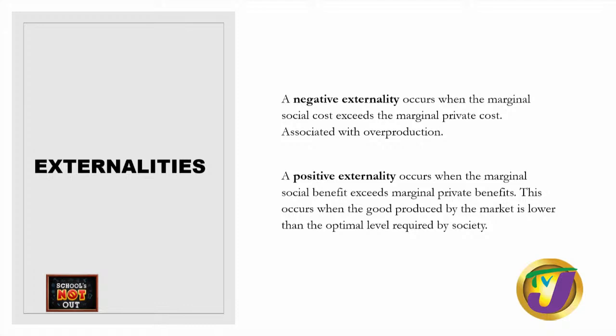So one example of a positive externality: say you live in a community or you live close to a community and they start to construct a highway near your community. Now you're not directly involved in that transaction, it won't directly benefit you, but as a result of the construction, traffic has to be diverted, and you have a business in your community.